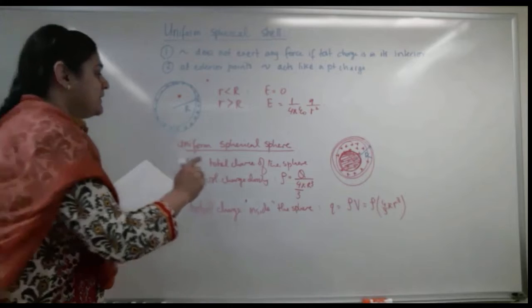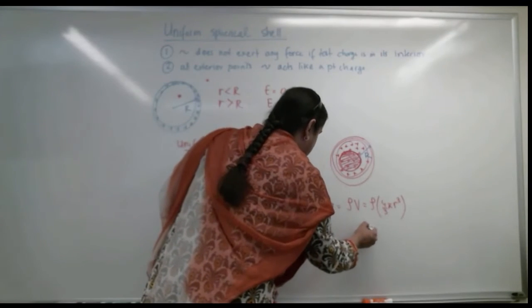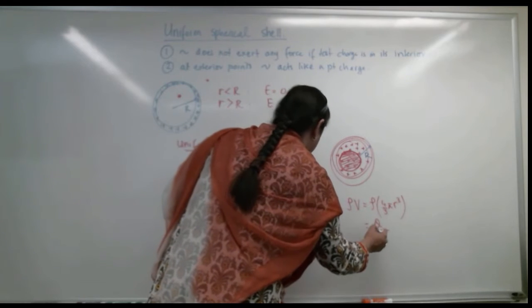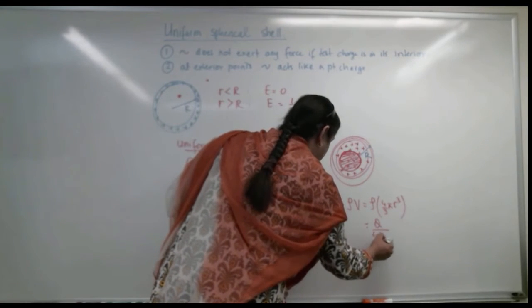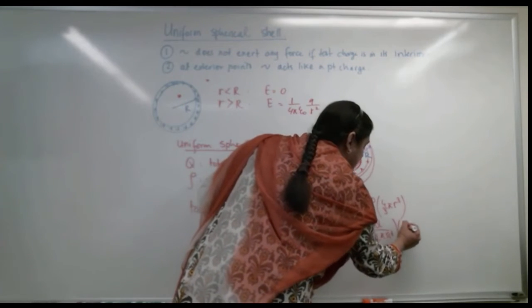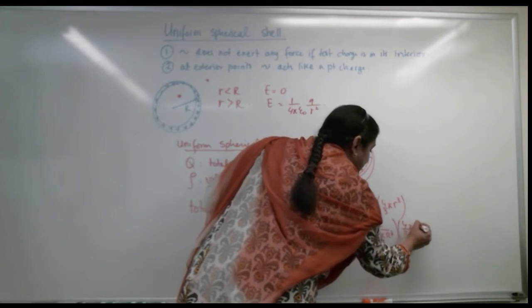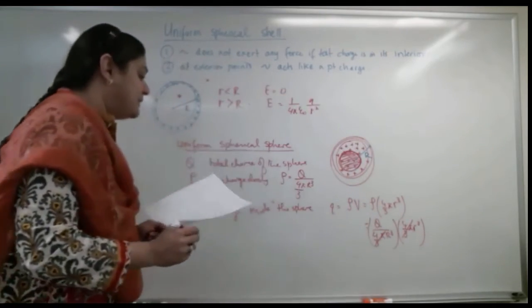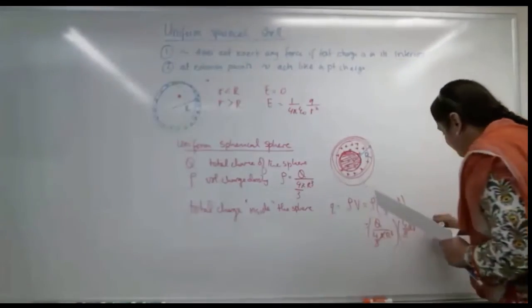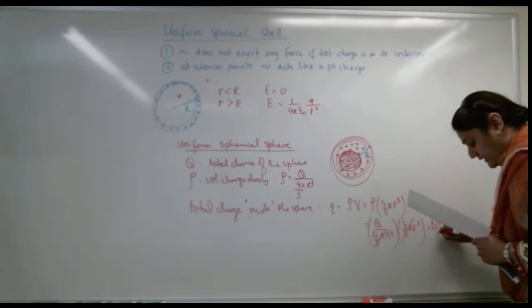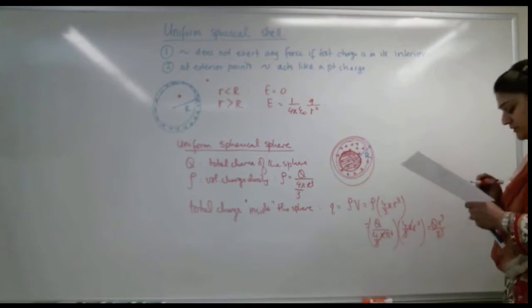Now, what do we know? We know that this Q is equal to rho, which is Q over 4 over 3 pi big R cubed, times 4 over 3 pi little r cubed. The 4 over 3 pi factors go away, and we get Q r cubed over big R cubed.